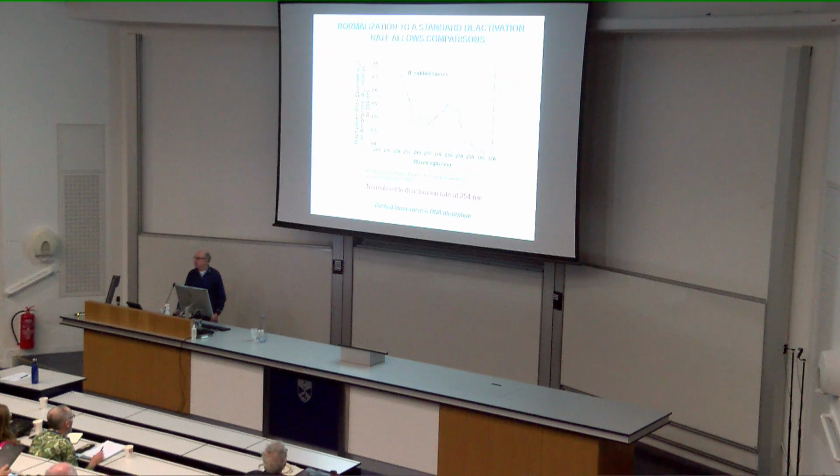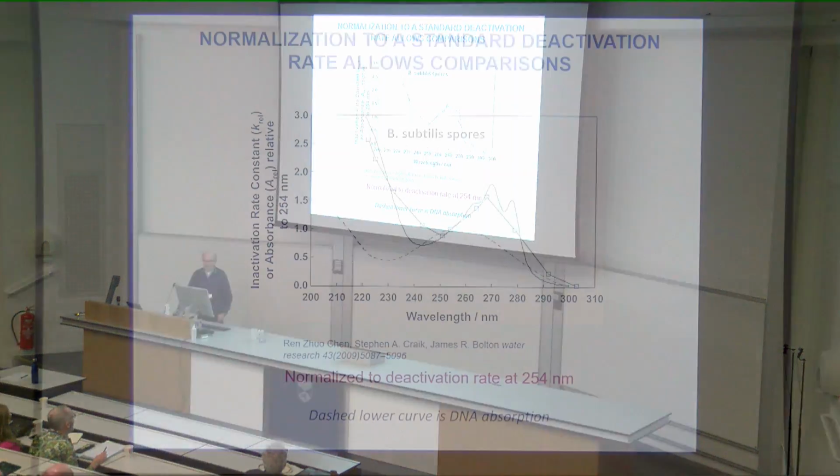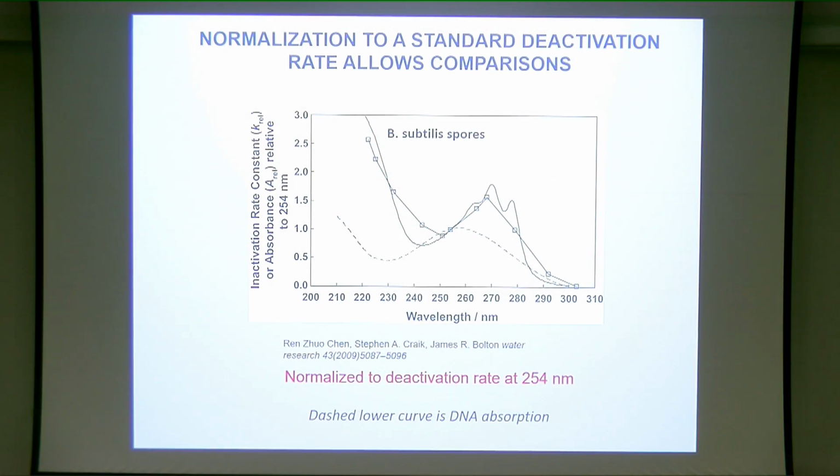And not surprisingly, the wavelength chosen is 254 nanometers. So the number 1 on the y-axis is the 100% efficiency for mercury. And as we change wavelengths, as you go greater than 1, that wavelength is more effective. As you go below 1, that is less effective than mercury. And for this particular subtilis spore, as you can see, as you go below 240 nanometers, the effectiveness gets much higher than it is for mercury.